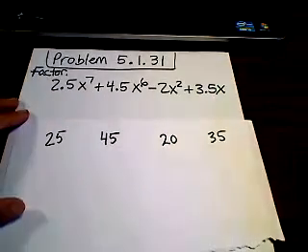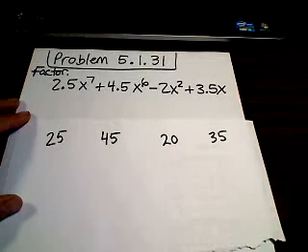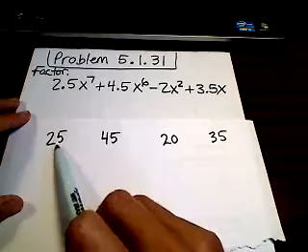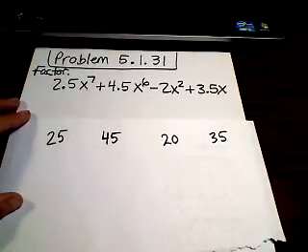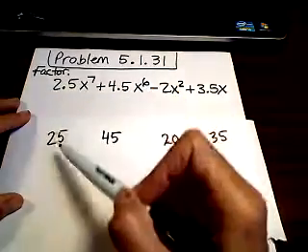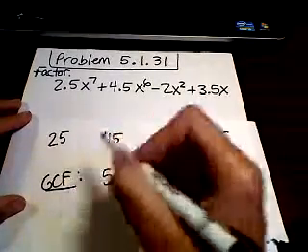Okay, so what I'm doing is I'm just saying, let me just look at those numbers without the decimal there, to see if I can identify from these numbers what the greatest common factor would be. So if I look at the numbers 25, 45, 20, and 35, they have a greatest common factor of 5.